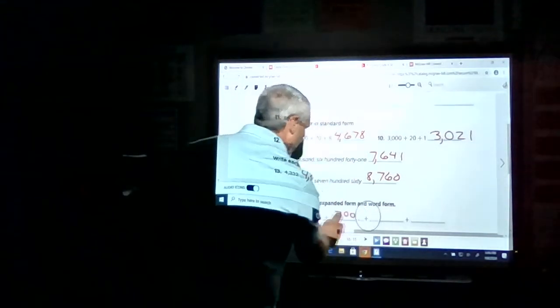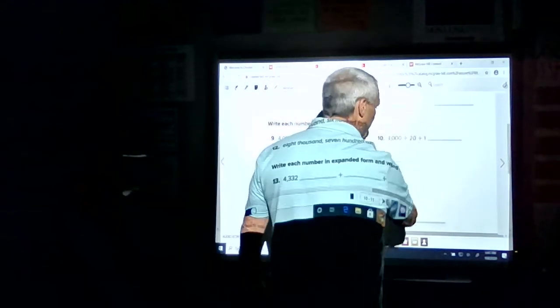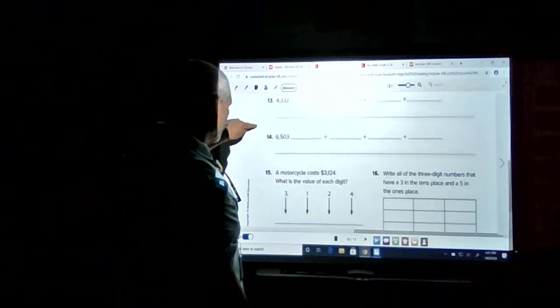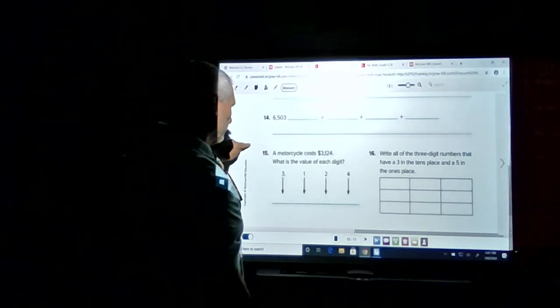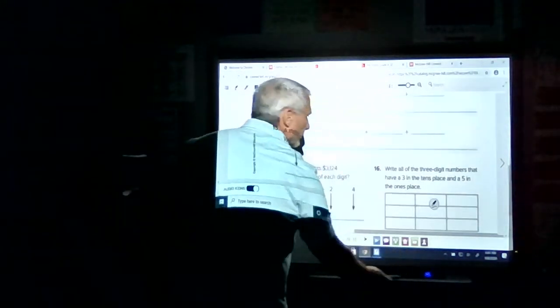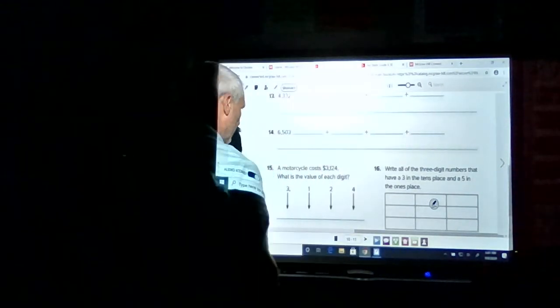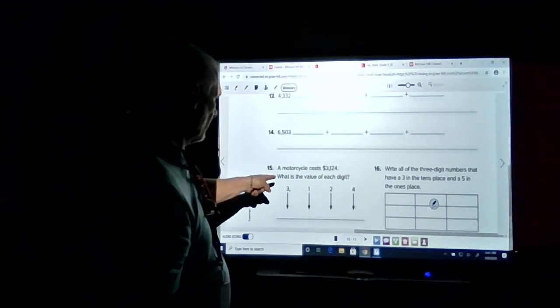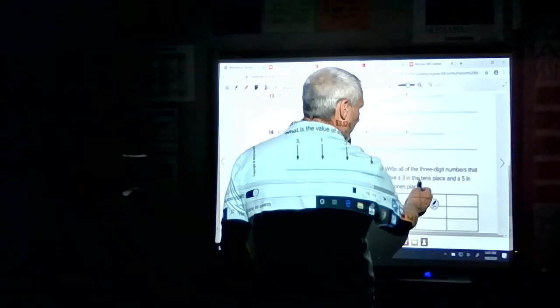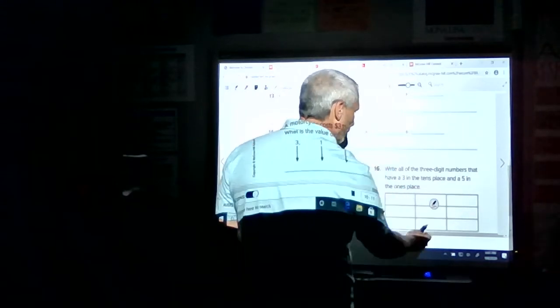I'm going to erase that, and you can practice your homework, which after you finish 14, let's try to go look at 16, because this one's a little bit of work. Here you can write the value of each one, write your number. It says write all 3-digit numbers that have a 3 in the tens place and a 5 in the ones.